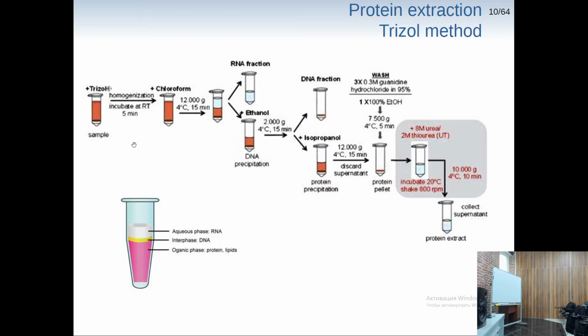Okay, so TRIzol is actually phenol with some additions, and you buy it as a solution in a bottle. Then you add it to your sample and homogenize it in this solution. This solution is good because it stops most proteins from working.